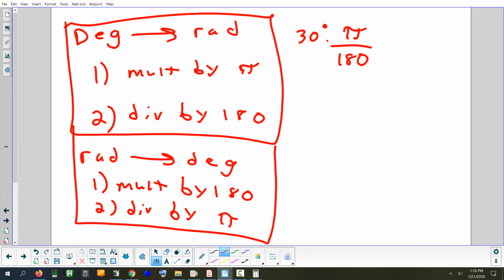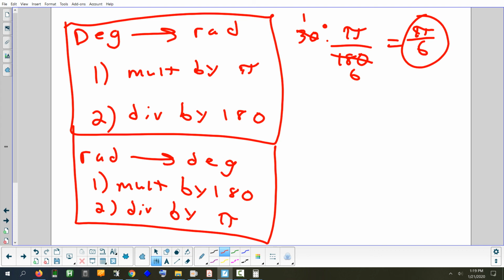Okay, you're going to have to reduce eventually, so I usually do that up front. 30 goes into itself once. 30 goes into 180 6 times. So the final answer here is pi over 6. You do not need to put RAD. Okay, whenever you have something in radians, if you don't put a label on it, that's how we know it's radians.